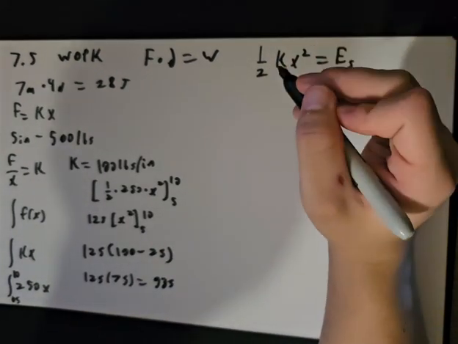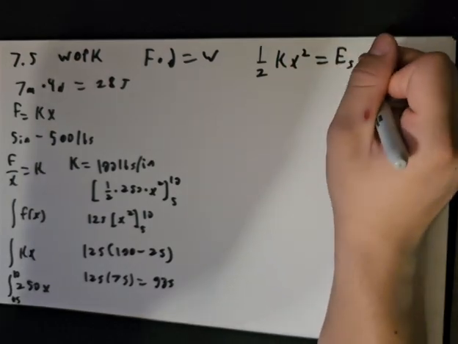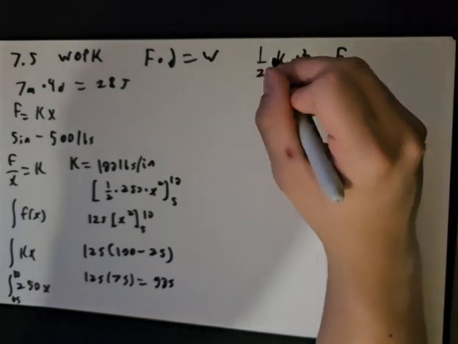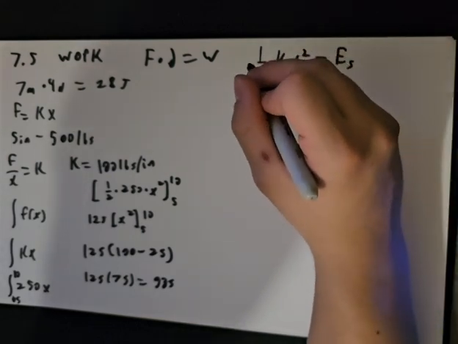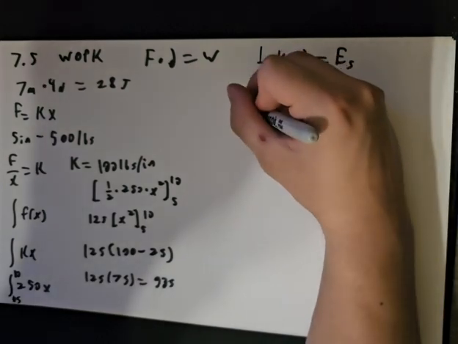Now, this formula right here is a formula we're given in physics that gives us the energy. Now we want to find the work, which is the change in energy, so we can subtract the two 1/2 kx squareds.